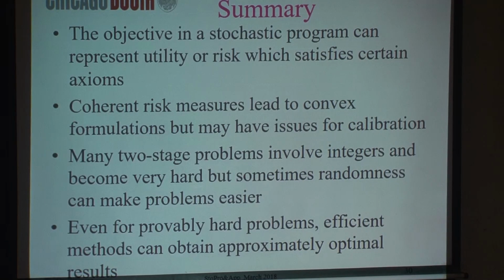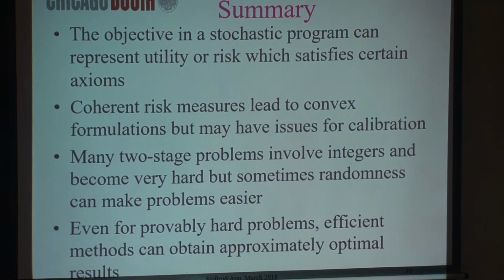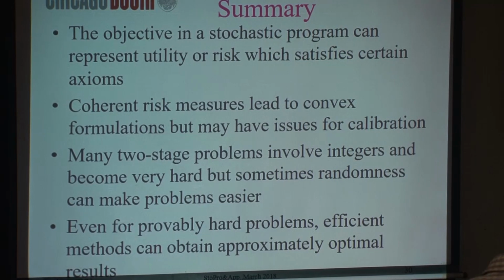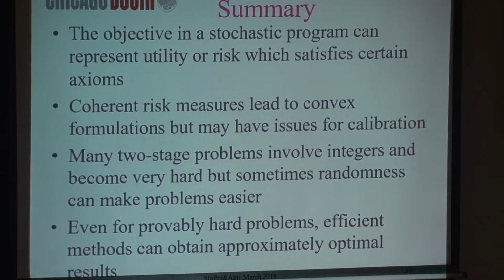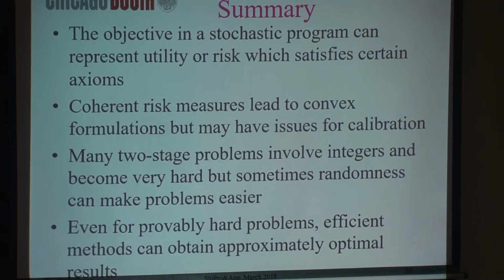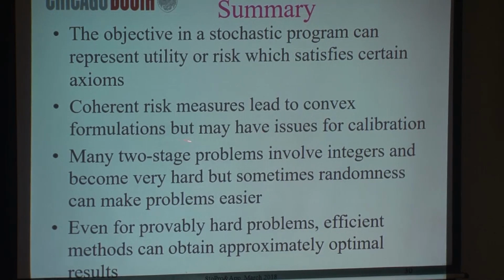Because the coherent risk measures have a representation that's the maximum over some probability set, the maximum over this probability that has the lowest values. Because it's the maximum over that probability set, they have this convex formulation.